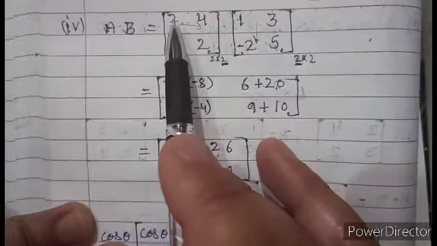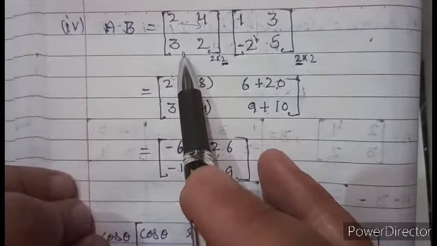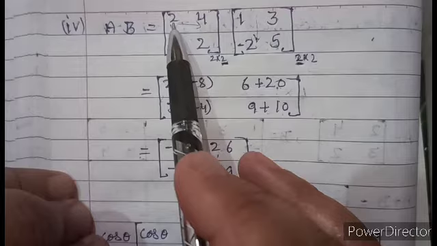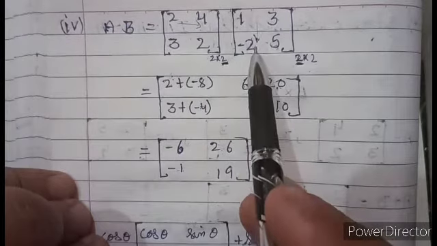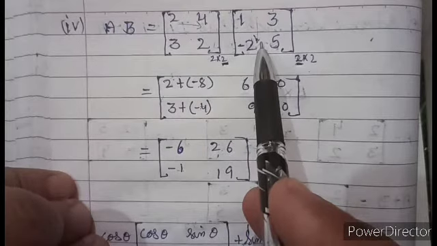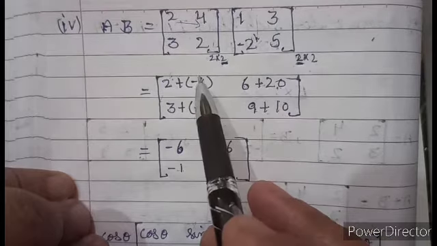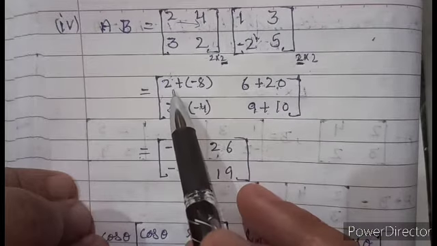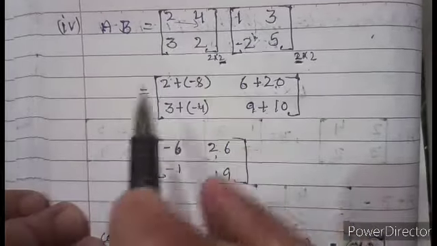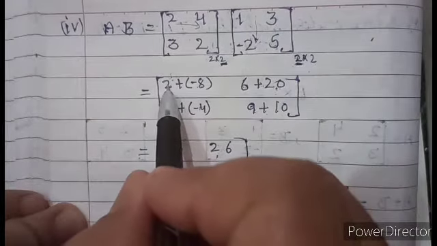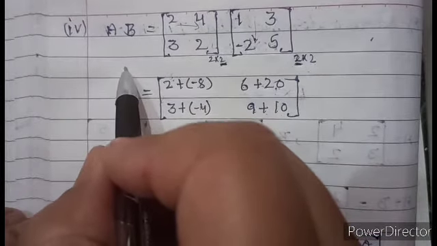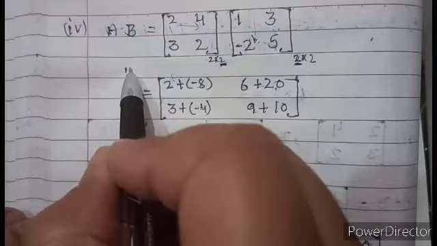Now in order to find the product of the matrices, we multiply the rows by the columns of the matrices, and then their sum will give us the elements of the product. Here first of all we want to find the first element of the first row.